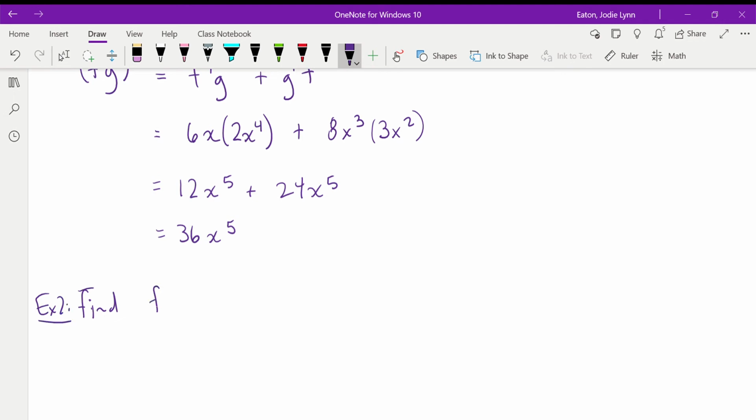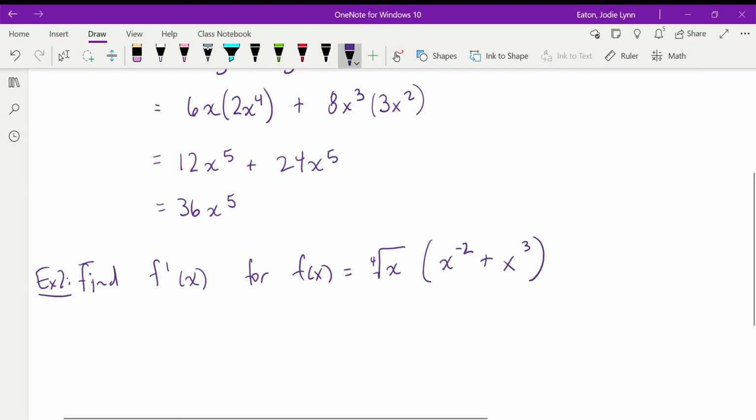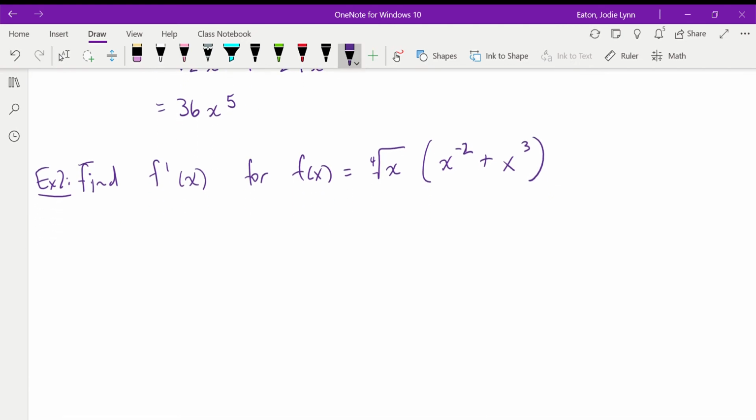Find f prime of x for f of x equals fourth root of x times x to the minus 2 plus x cubed. Okay, so this is equal to g times h, so f prime of x equals g prime h plus h prime g.